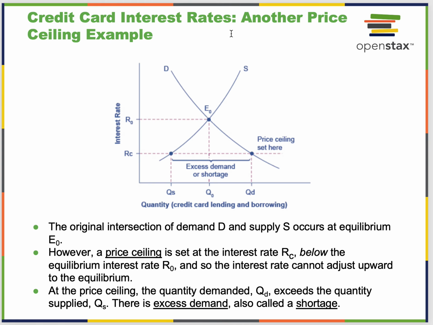If we look at credit card interest rates, it's another pricing example. The original intersection of demand and supply occurs at this equilibrium point. So you have a certain amount of money being lent at a certain interest rate. However, if we put a price ceiling and make the rate low, well, it's exactly what we talked about. The demand for that money will increase because the rates are lower.